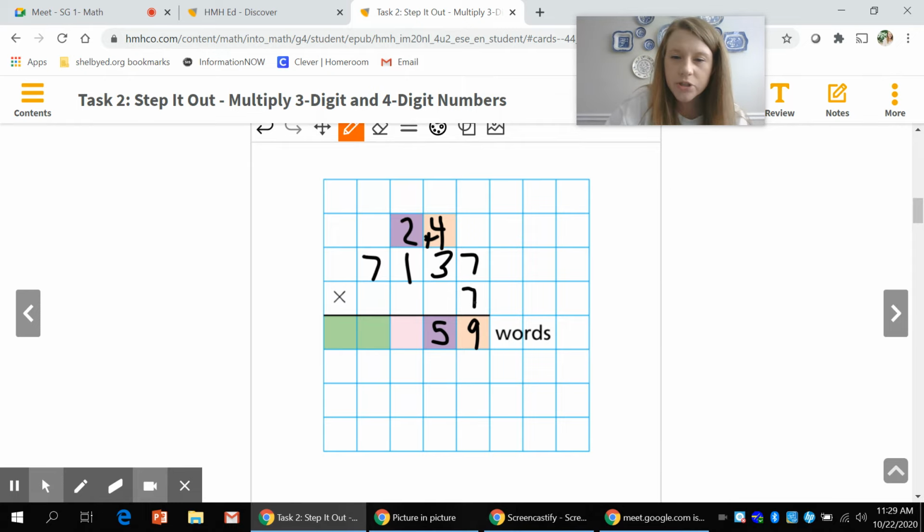Now we multiply the hundreds. 7 times 100 is what? 700. So we're just going to put a 7 because we're doing 7 times 1 hundred, which is 7 hundred. So 7. And then what do we do with this 2? Okay. So remember when we carried this 2, that's actually 2 hundreds.